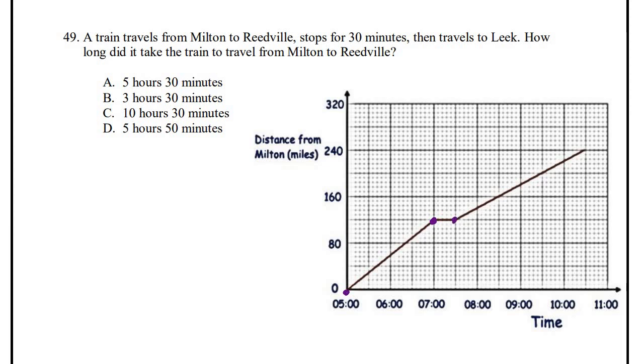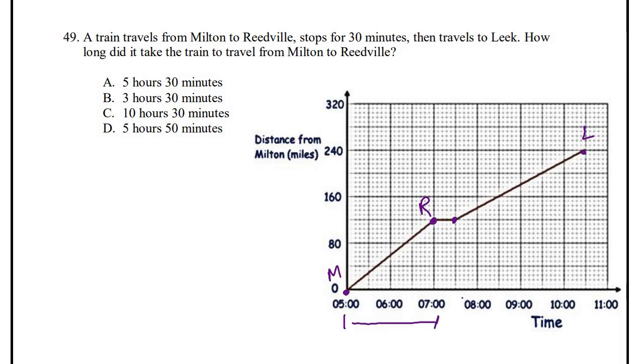Then the train stops for 30 minutes and then travels to Leek. So this is the starting point, that is Milton, and this is the first stop, that is Reedville, and from Reedville after the stop of 30 minutes it reaches Leek. How long did the train take to travel from Milton to Red Valley? So it starts at 5 and it ends at 7.